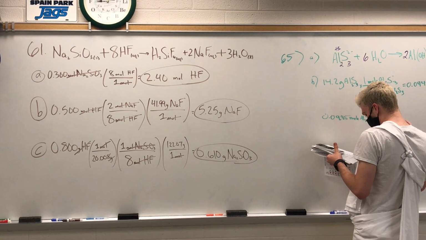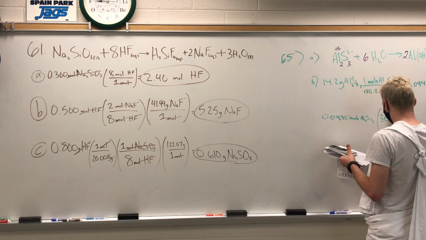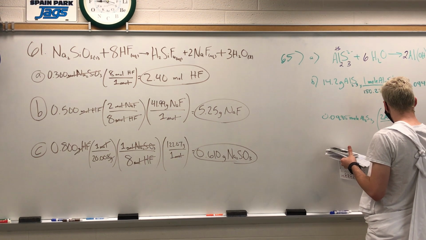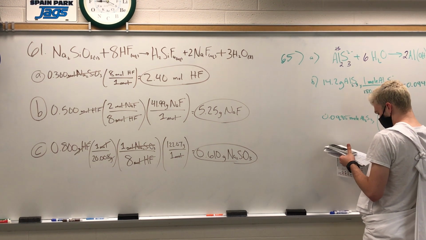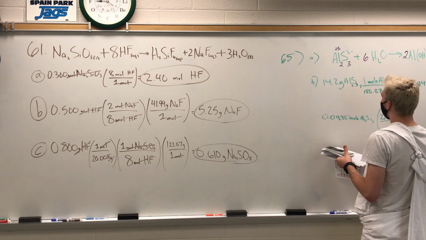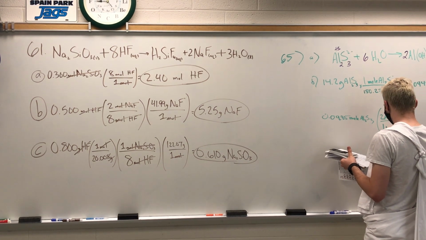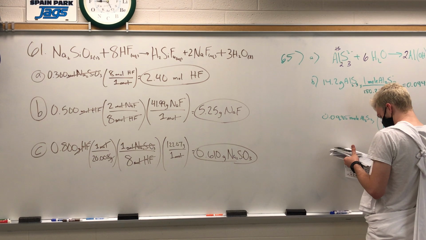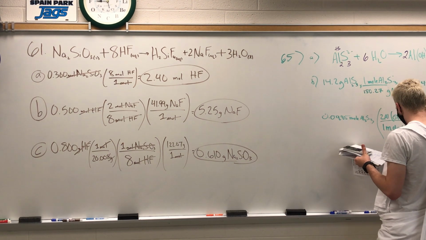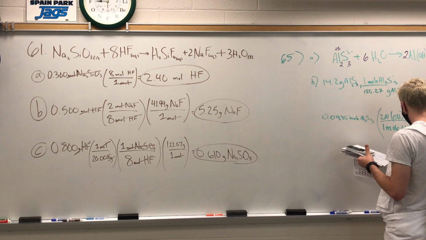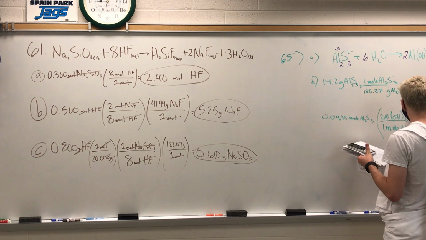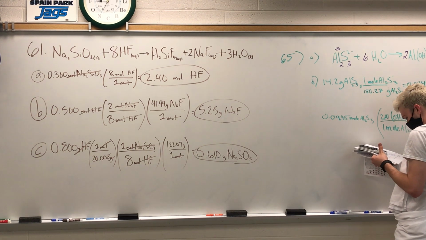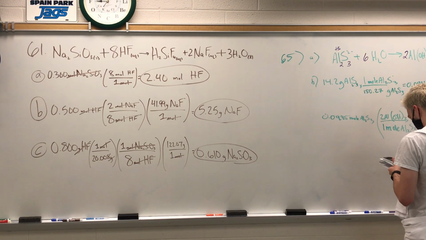Okay, as Paul's finishing up, do we all agree on 61? So we have the balanced equation, and we have 0.3 moles of sodium silicate, and then 8/1 to go to moles, so that's just moles to moles. Again, remember, we talked about mass to moles to moles to mass. That's the ultimate roadmap.